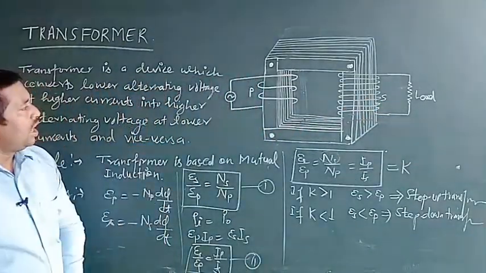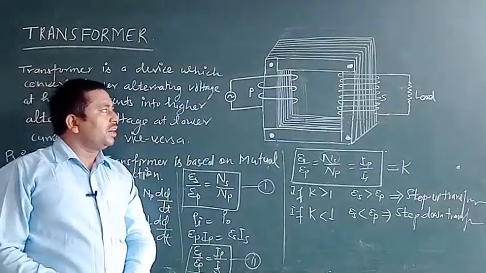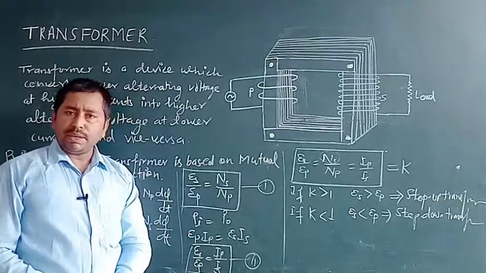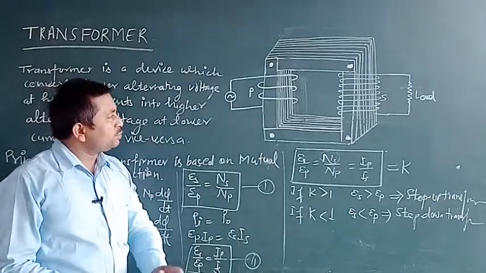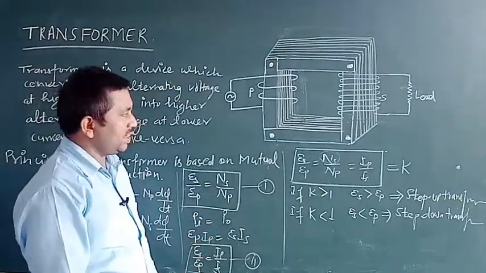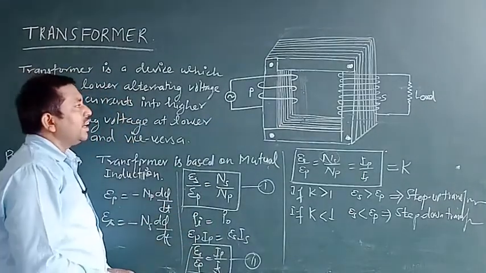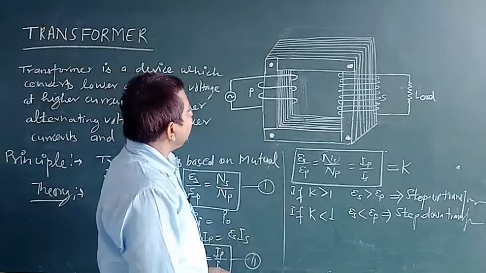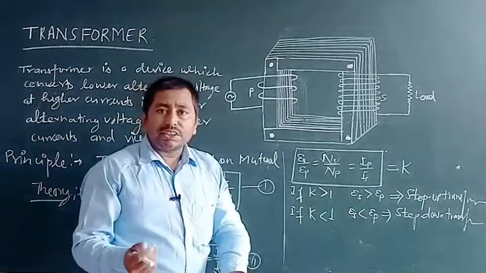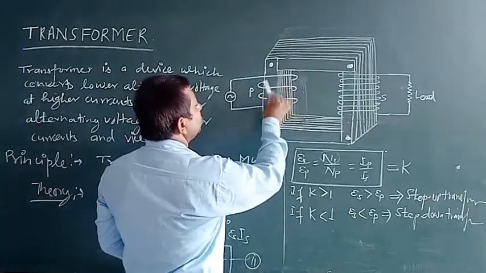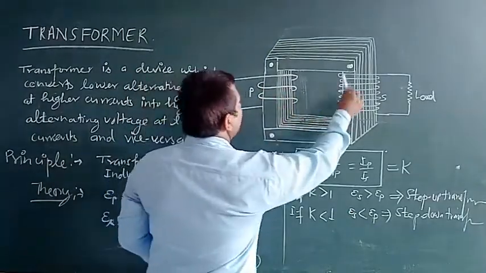Now, how many types of energy loss can occur in the transformer? In a transformer, many types of energy can be lost. The first is known as copper loss, because of the wire used for winding on this iron core.